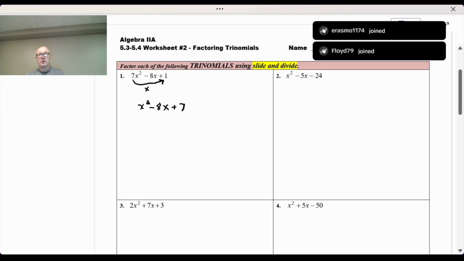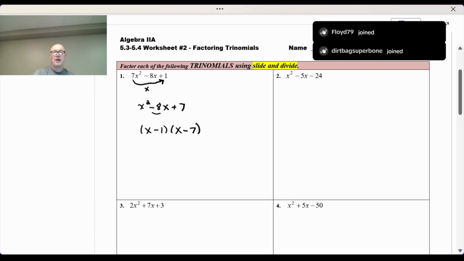Two values multiplied together equal 7, but when I add them together, I get negative 8 for the middle term. So the two factors would be x minus 1 times x minus 7. So that would be that factored.